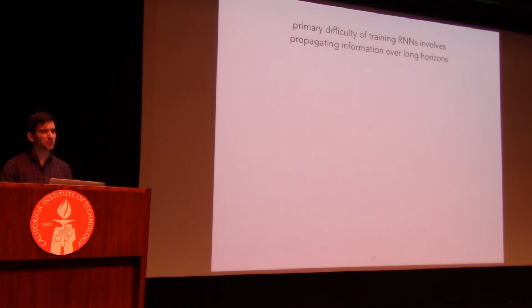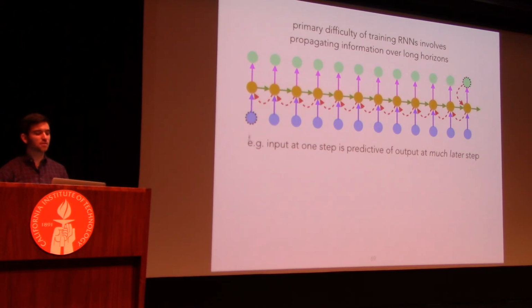The primary difficulty that you encounter with recurrent networks is that it's incredibly difficult to propagate information over very long time horizons. It's incredibly difficult to find these very extended temporal patterns. So if I had some input node here that was really highly predictive of some output node at a much, much later time step.